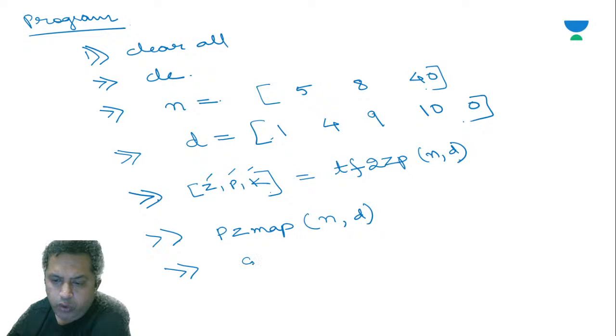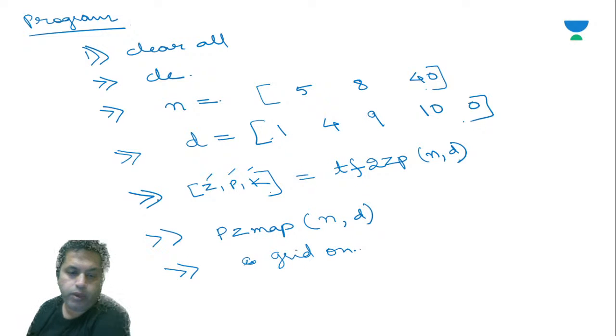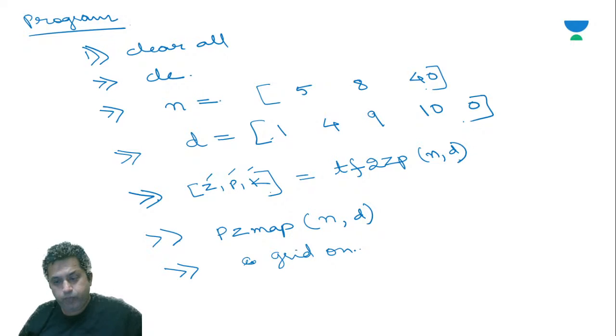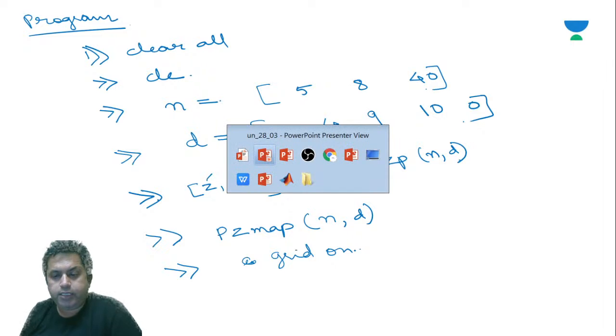Then you can write down grid on. This is one thing you can write down with the pole zero map, pzmap(n, d). Let us perform this hands on.